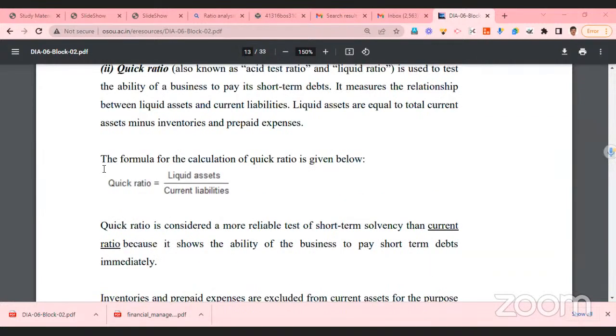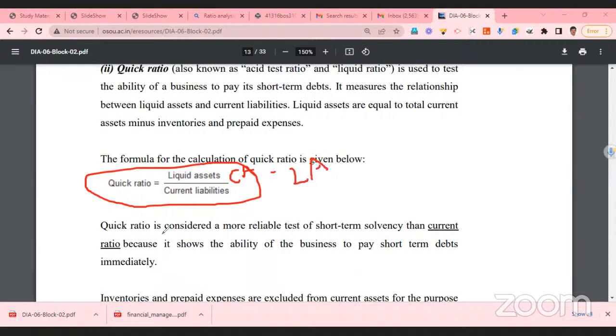The formula: quick ratio is equal to liquid assets divided by current liabilities. There is no change in the denominator between the current ratio and quick ratio. The only change is that earlier we took total current assets, and now we take only liquid assets.